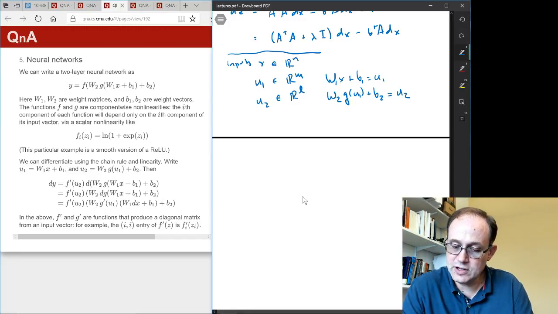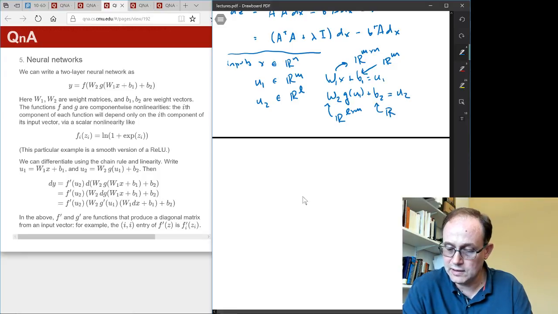So here W1 is going to be a matrix in Rm by n. B1 has to be a vector in Rm. Here W2 is going to be a matrix in RL by m. B2 is going to be a vector in RL.